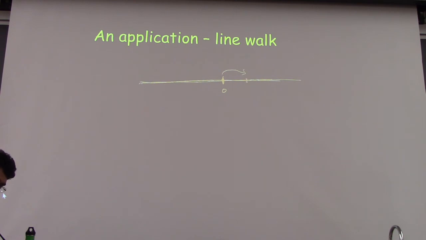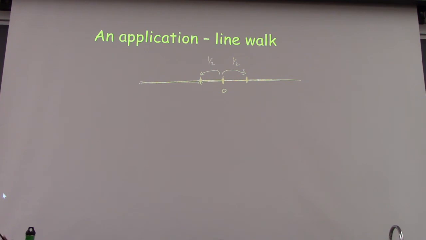At every time step, you take one step to the right or one step to the left, at random. You go right with probability half and left with probability half, and this is done independently. At every step, you just make an independent decision whether to go right or left.